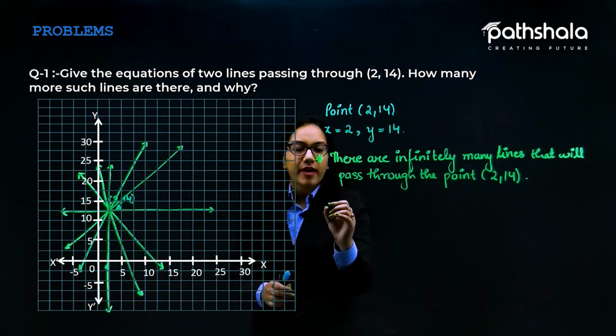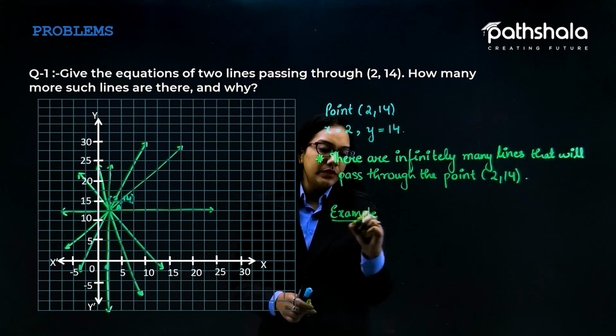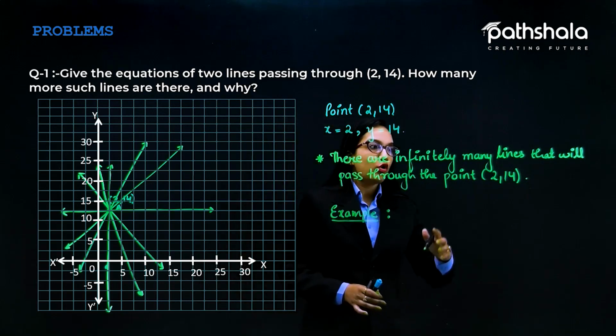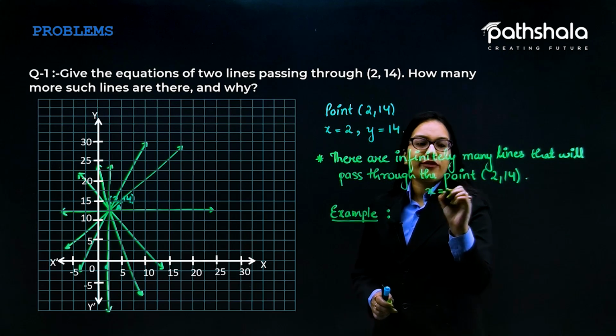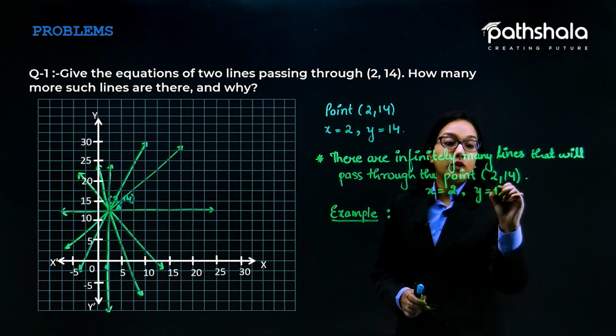So let us suppose I'm taking some of these lines. It says (2, 14), which means for the value of x as 2, y comes out to be equal to 14.